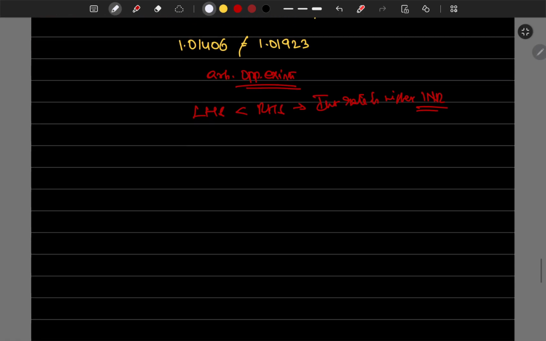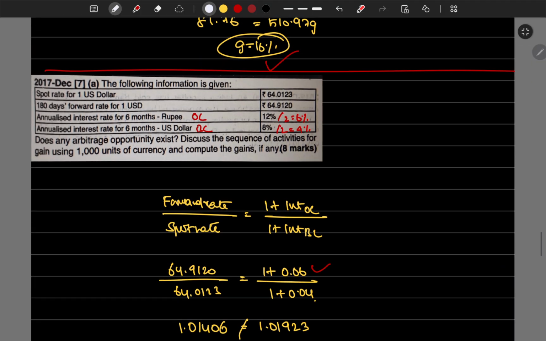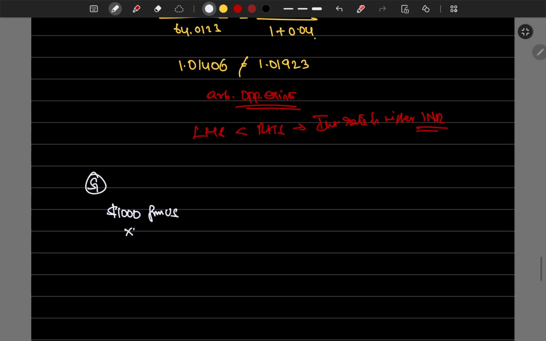Now the first process we have to do is borrow $1,000 from the US at the interest rate for 6 months of 1.04. How much do we have to pay? 1000 into 1.04, which is $1,040 that we have to pay after 6 months.